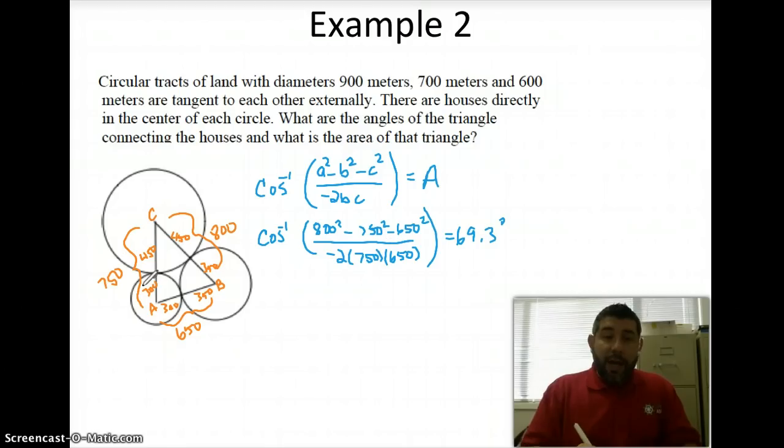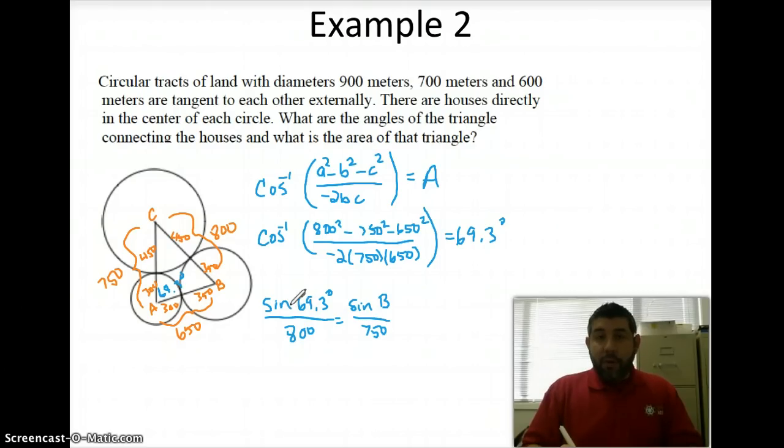All right. Now that we have this angle, 69.3, we can find another angle by using the law of sines. We're going to find angle B. So the sine of 69.3 degrees over 800 equals the sine of B over 750.